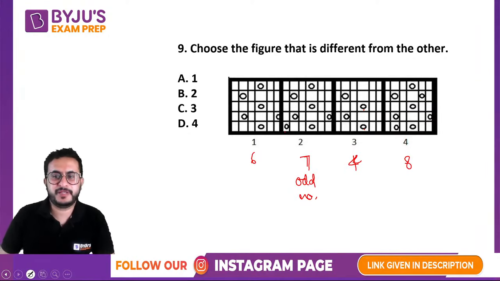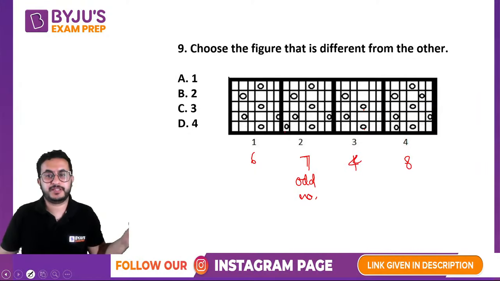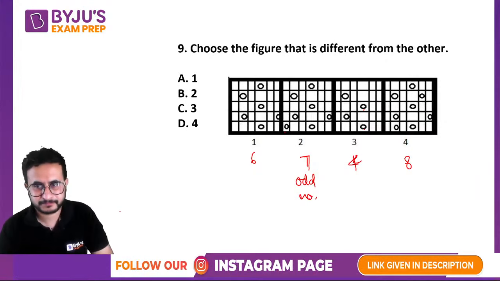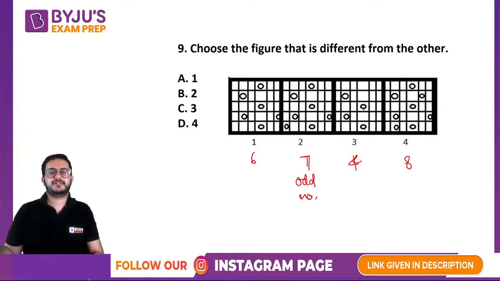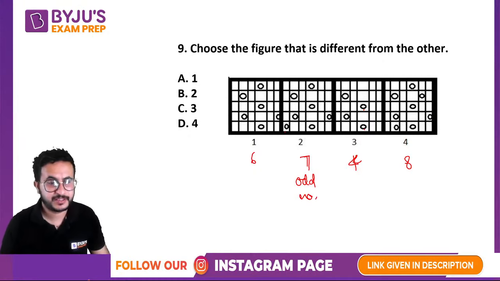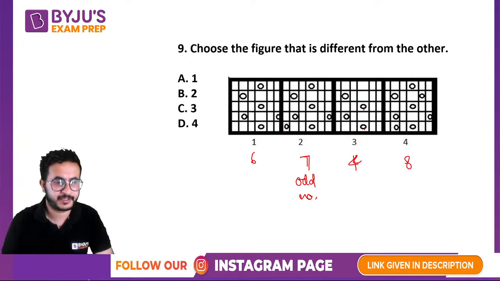So see, logic could be anything, right? Now going by this logic, you can say that in the fourth image there are four in this, right? So sometimes it is very difficult to say which one is correct. People can look from different perspectives.